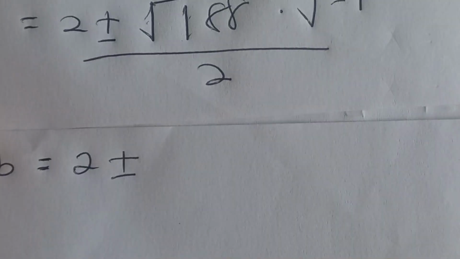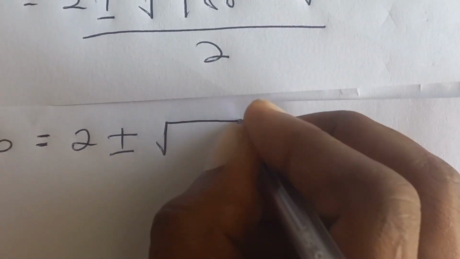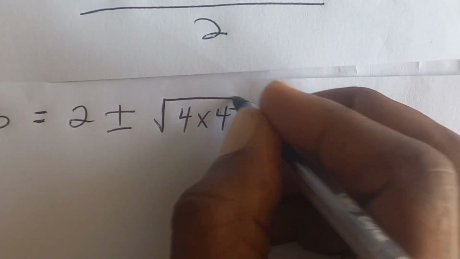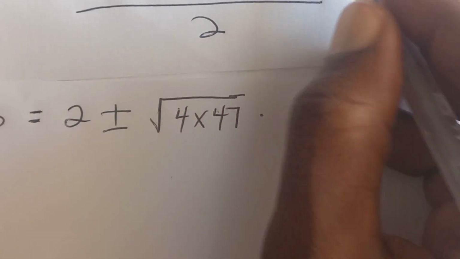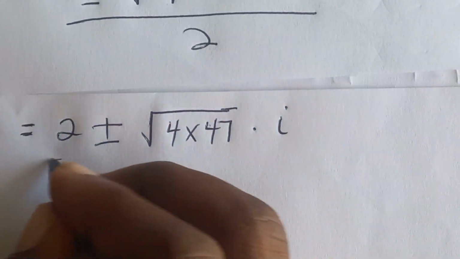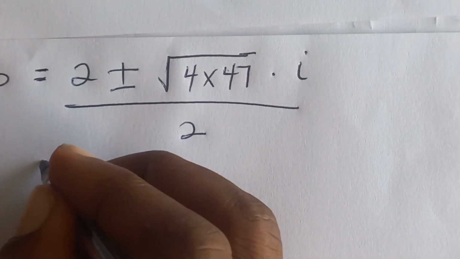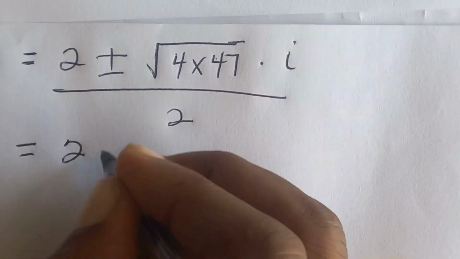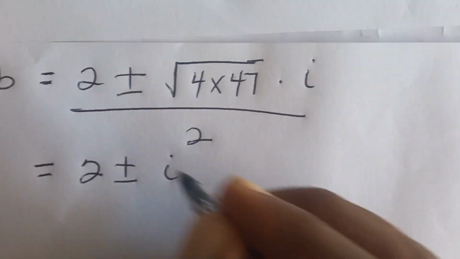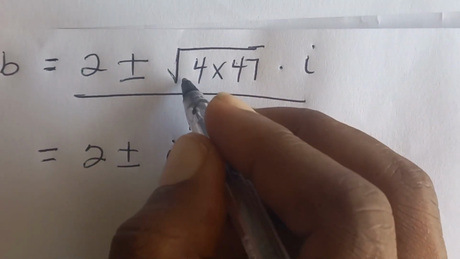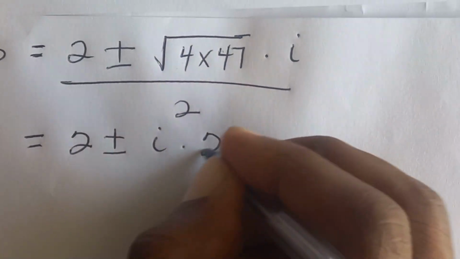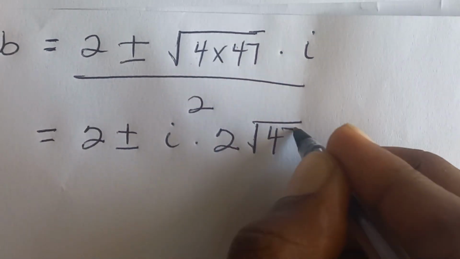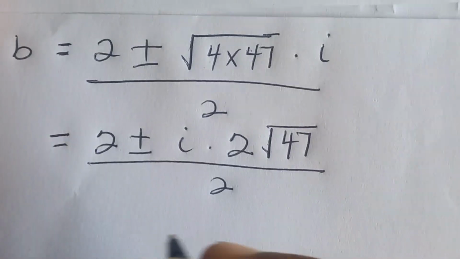You can say that the square root of 4 multiplied by 47 is 188, multiplied by the square root of negative 1, which is i, all over 2. So which is equal to 2 plus or minus i multiplying by square root of 4, which is 2, so 2 square root of 47, all over 2.